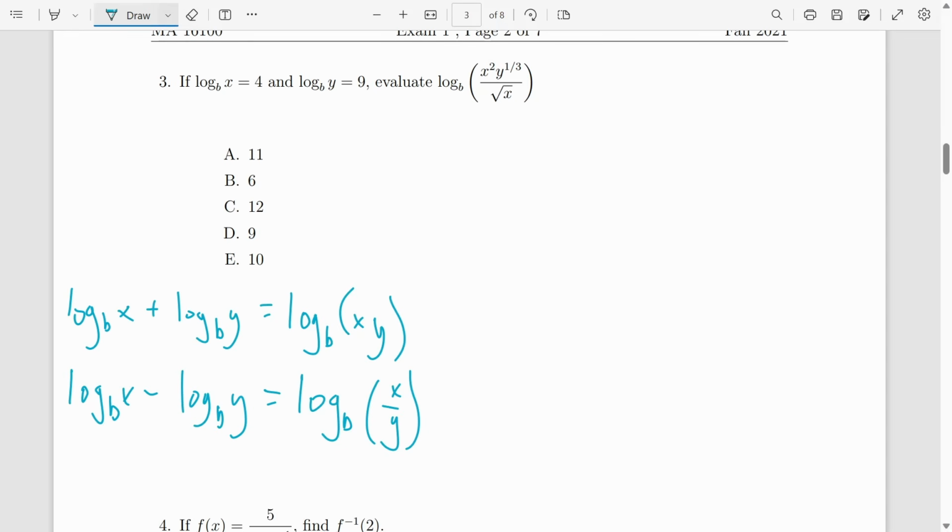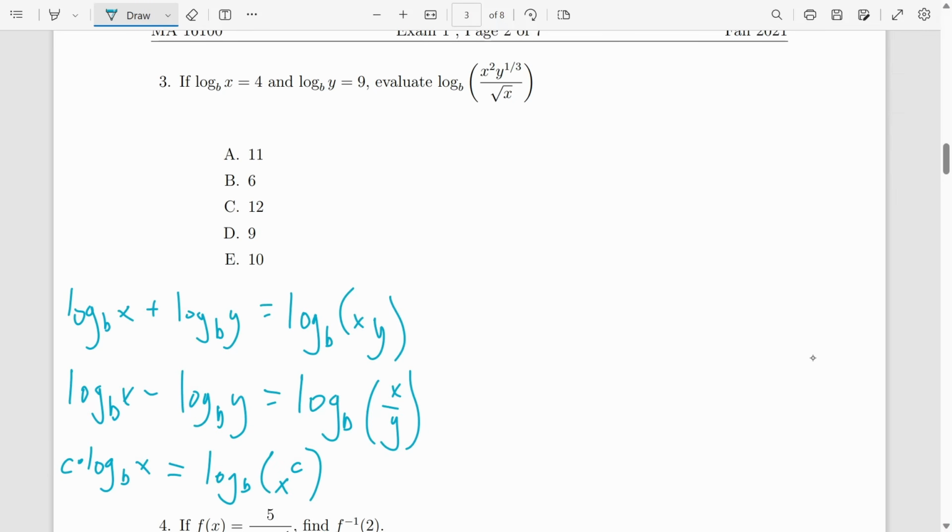And then the third one, which is different from both of these: if you have a log that has a coefficient at the front, I'll use c, then you can take that coefficient c and make it an exponent. Sorry, did I just say exponent? I mean coefficient. So log base b of x to the power of c.